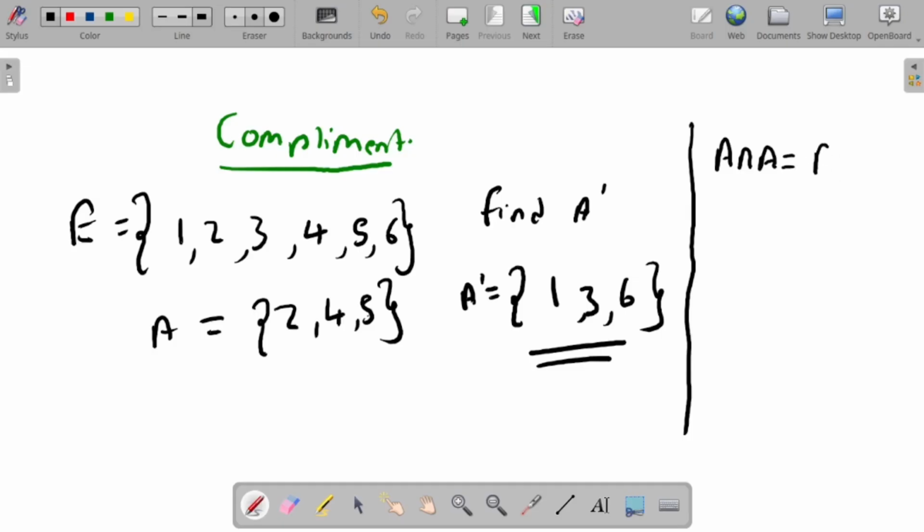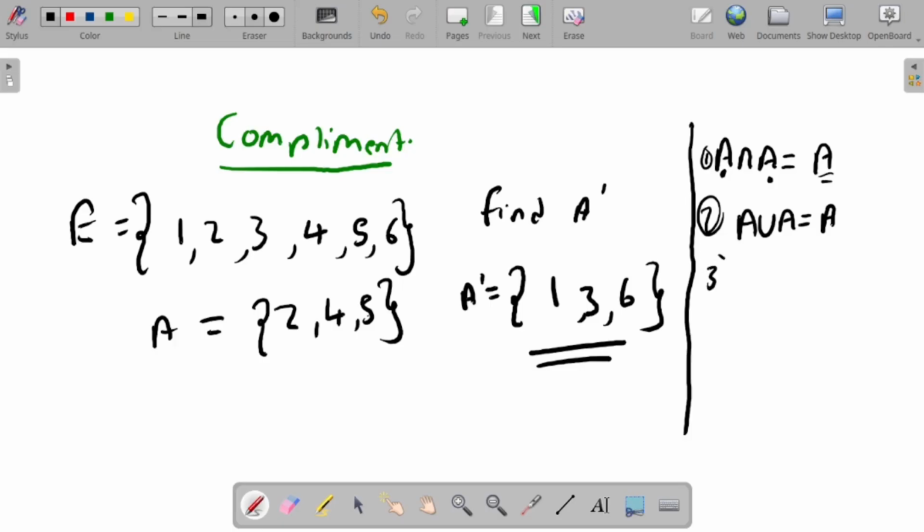The answer is basically A. Maybe we look at another rule, A union A. If I combine the elements in A plus the elements in A, what am I going to get? I'm going to get A. Here it's more like I've got set A and set A. I've got two set A's and I want to compare what's common. Basically, you're just going to find out that the common thing is just A.